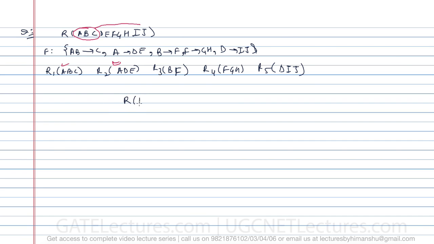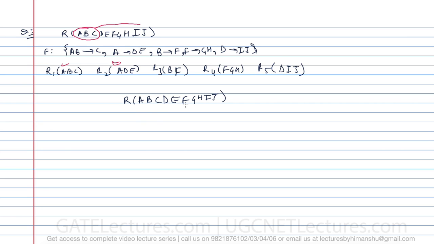The relation is R with A, B, C, D, E, F, G, H, I, J. So there will be multiple ways of breaking down this relation, but we'll try to see what we are getting.